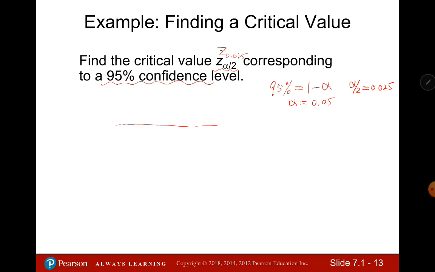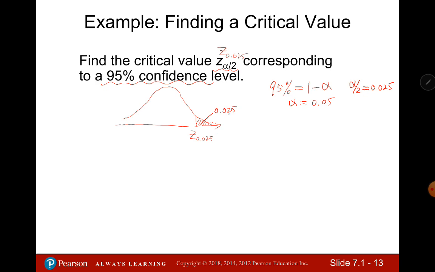If we sketch a curve, this Z is our critical value Z. This Z separates the whole curve into two parts. The area of the right tail is 0.025.